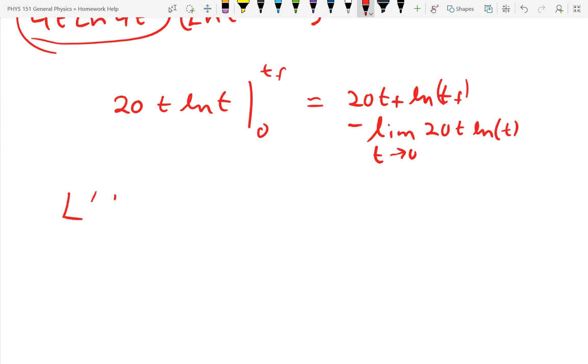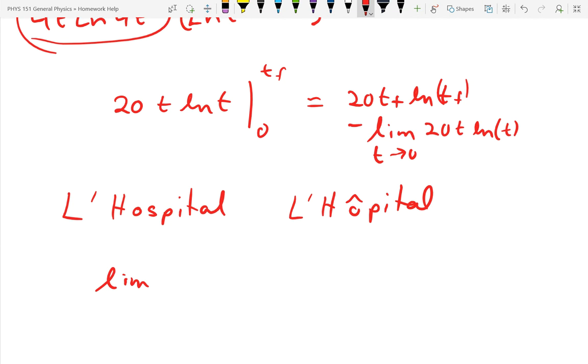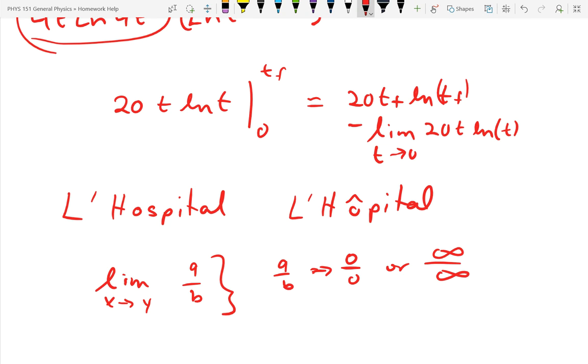L'Hopital's rule is written either like this or like this. L'Hopital's rule says that if you have the limit as x approaches something where a over b is approaching 0 over 0 or infinity over infinity, then you take the derivative of the top, the derivative of the bottom, and try again.